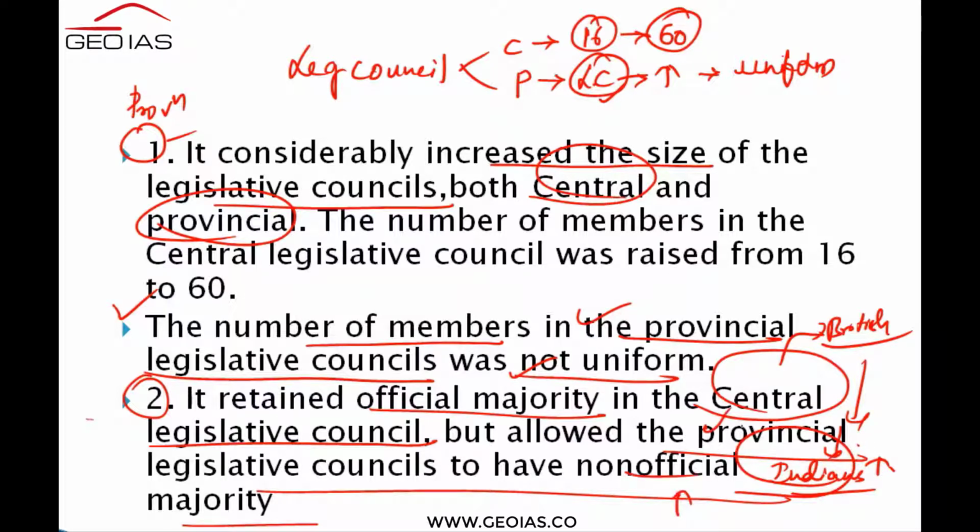In the central level, even though the number of Indians was increased, they were less when compared to the Britishers. Here at the provincial, that is state level, Indians were more when compared to the British officials.